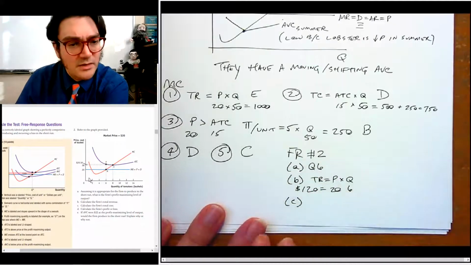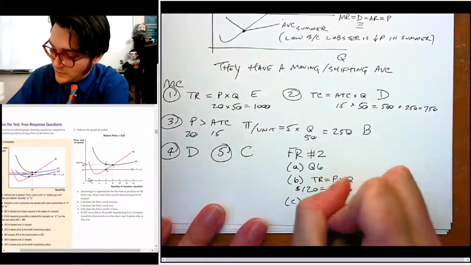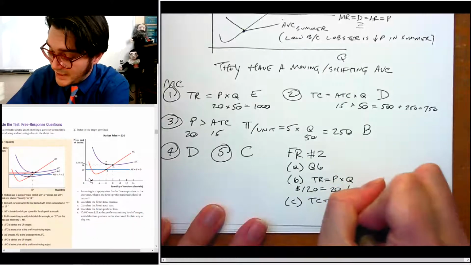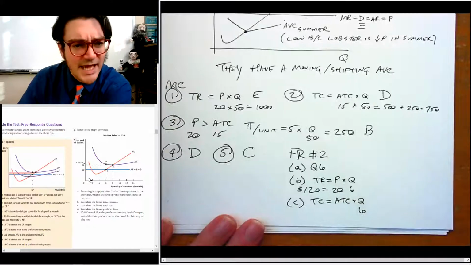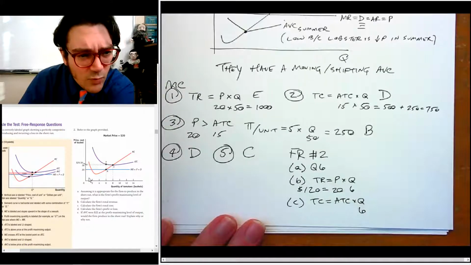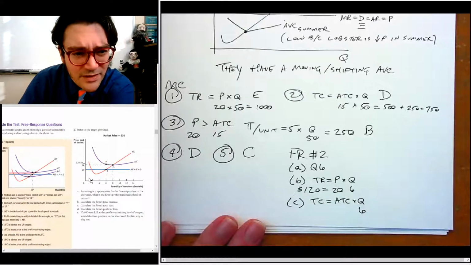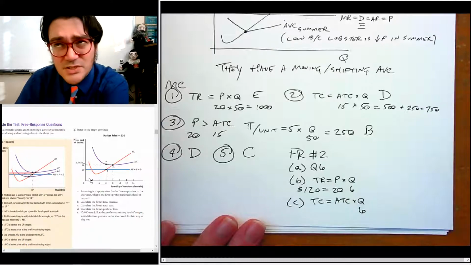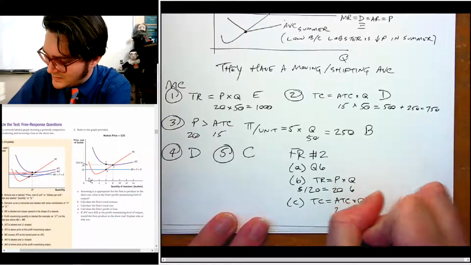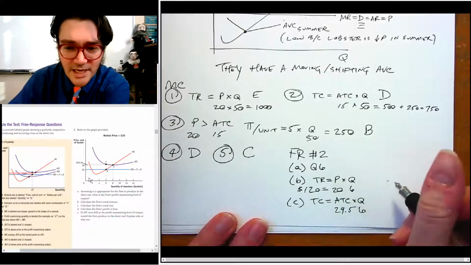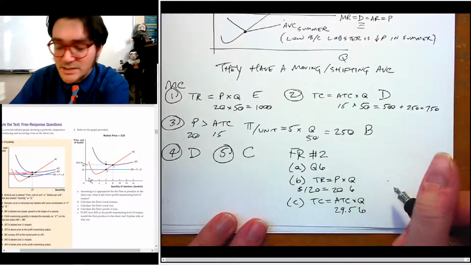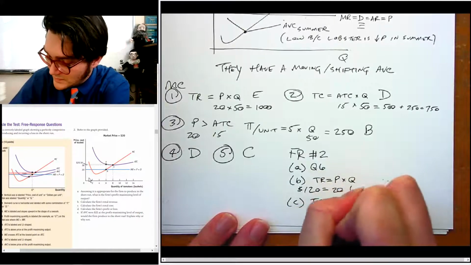C, total cost. Total cost, as we just did, is the ATC times the quantity. We're at 6, and the ATC at quantity 6 looks like it's point Y, and that's 29.50. Why would they do that? 6 times 29.50? So 6 times 30 is 180 minus $3 is 177.